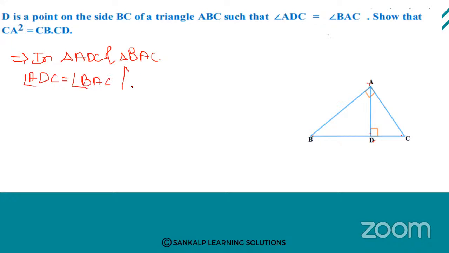Yes or no? It is given in the question. Next, when you consider triangles ADC and ABC, angle C is common for both the triangles, therefore angle ACD is equal to angle BCA. This is a common angle.